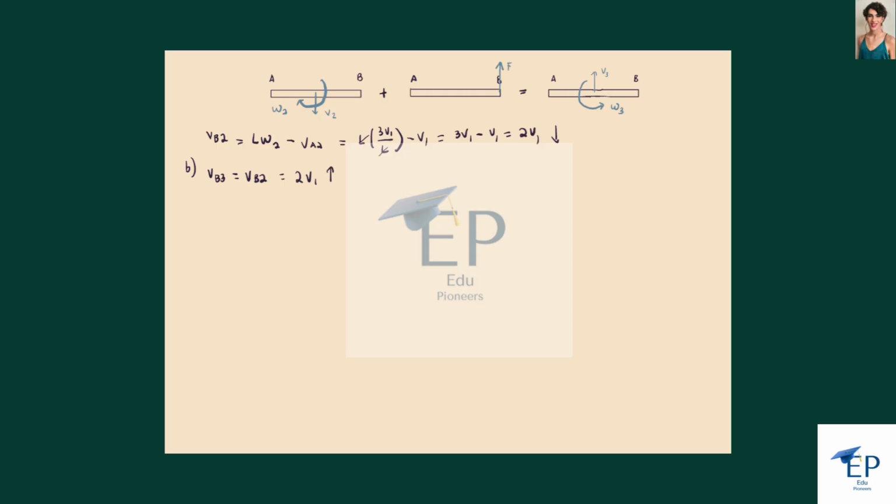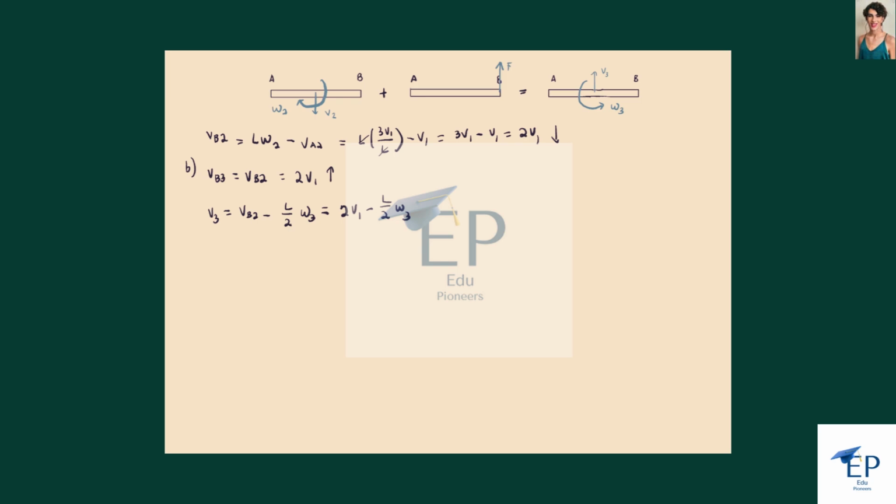Now, since the center of the rod is at a distance L over 2 away and v3 is in the opposite direction as vB2, the kinematics equation for v3 is v3 equals vB2 minus L over 2 omega 3, which will be equal to 2 v1 minus L over 2 omega 3.